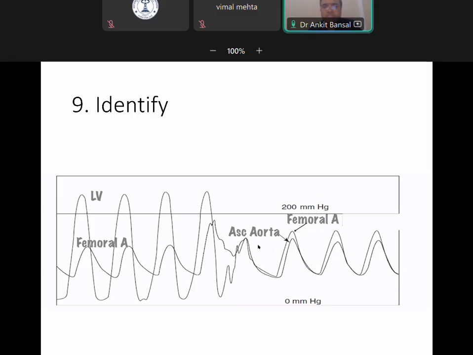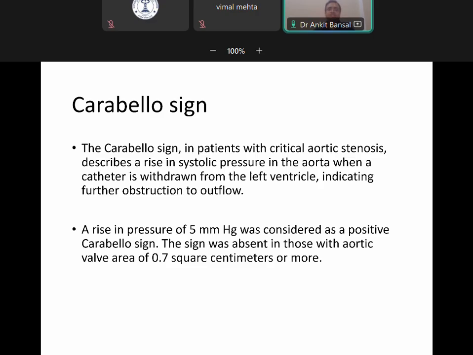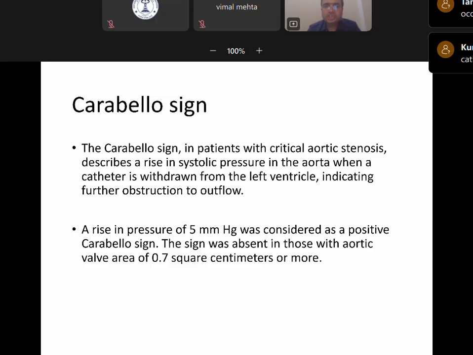So this is a Carabello sign. What does the Carabello sign state? In a patient with critical aortic stenosis, if the valve area is less than 0.7 centimeters square, and when we take especially a 7 French or higher catheter inside the LV, the catheter itself can decrease the area further and decrease the aortic pressures.